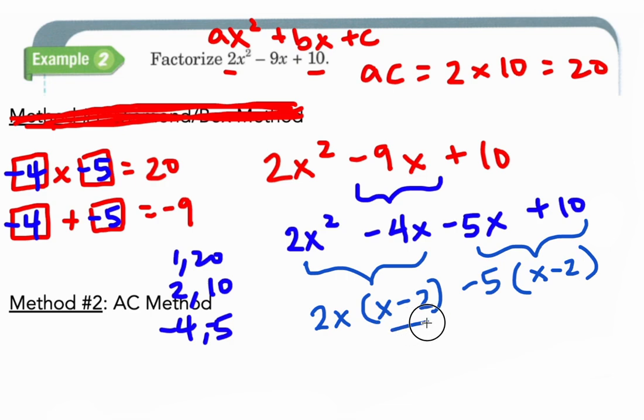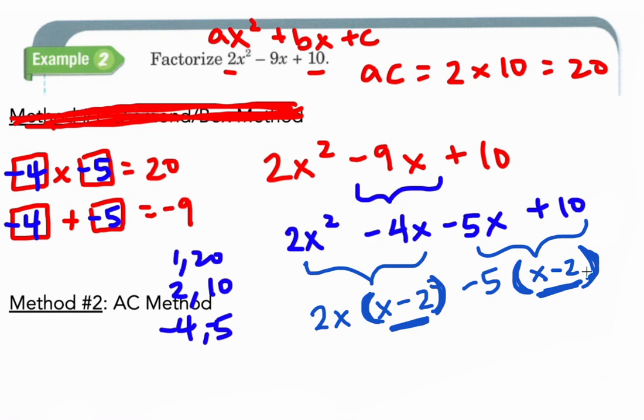So what you want is these two binomials to be the same. So once you figure out what your first binomial is, you can copy it over to the back, and then using that, work backwards to figure out what term is missing over here. So it's a backwards double distribution, if you remember that method from when we were multiplying our two binomials together.